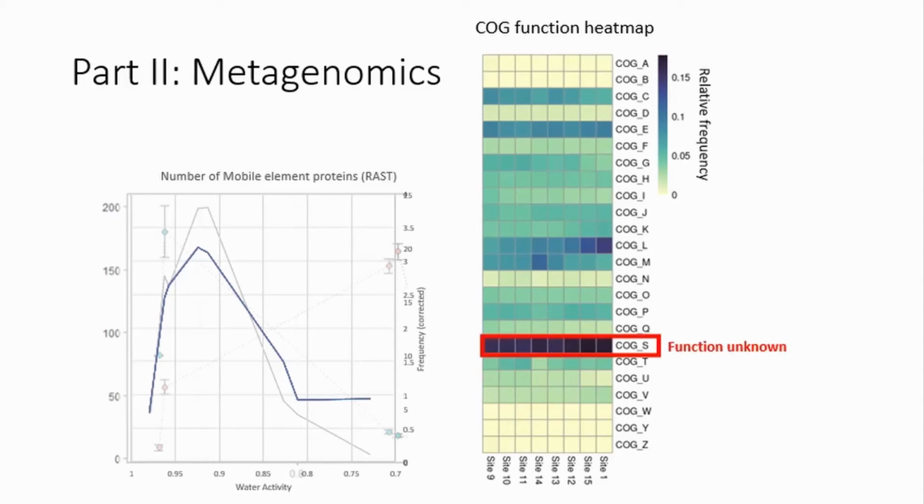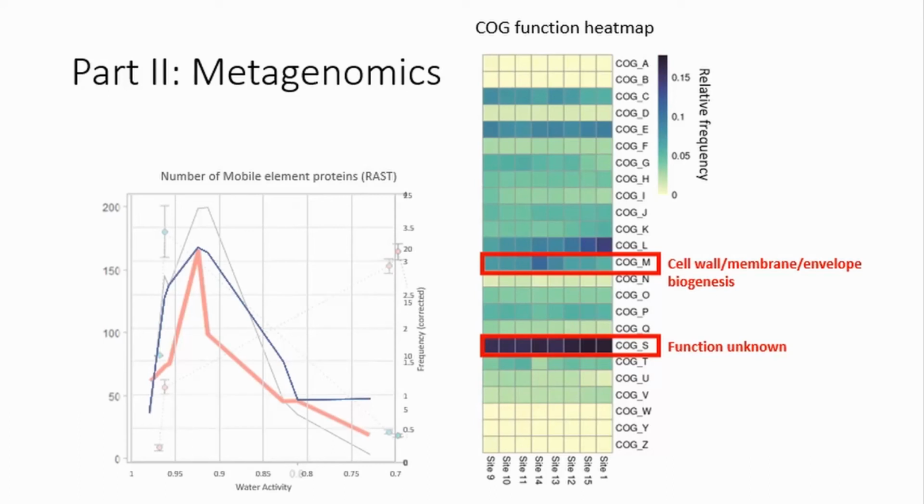The first one is that quite clearly the most common function is unknown, and so that does tell us that there may be some more work that needs to be done in order to understand what those genes are that we haven't been able to classify.